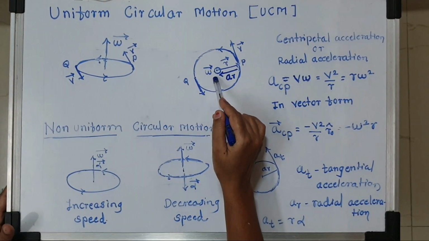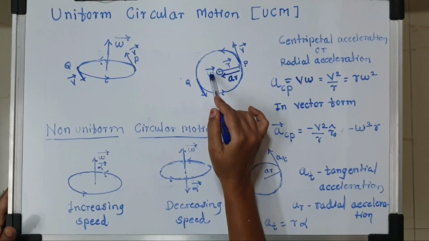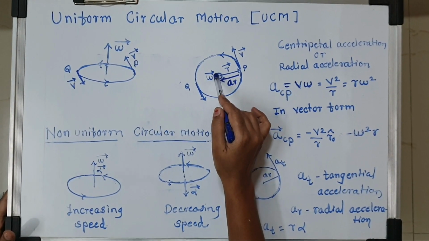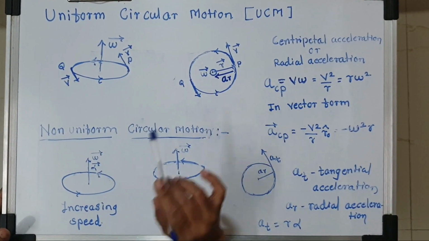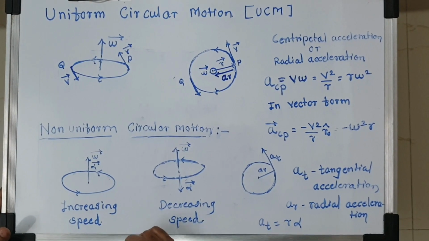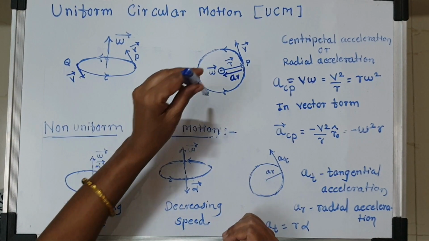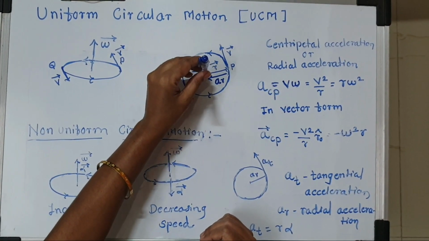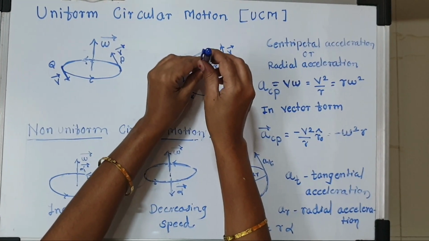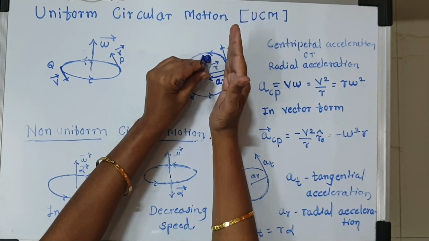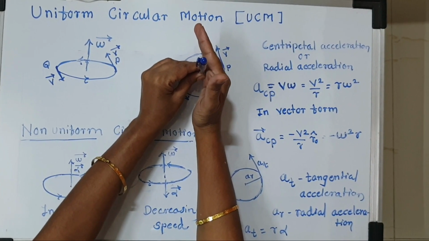Now, see in this diagram, for the direction of the angular velocity, there is a small dot in a circle. It indicates that the direction of the angular velocity is outwards. See, this is the axis of rotation. This axis of rotation is to be held in the right hand.